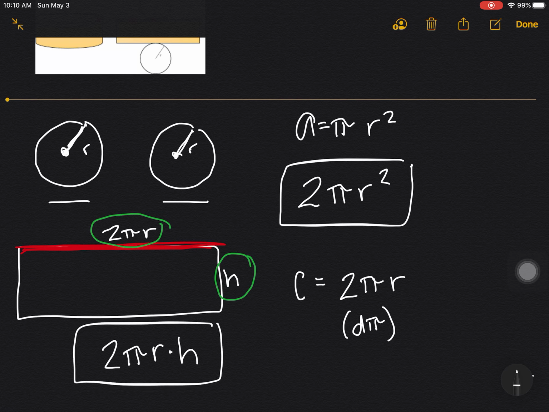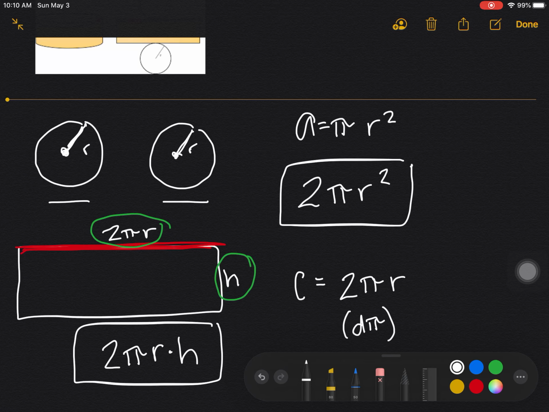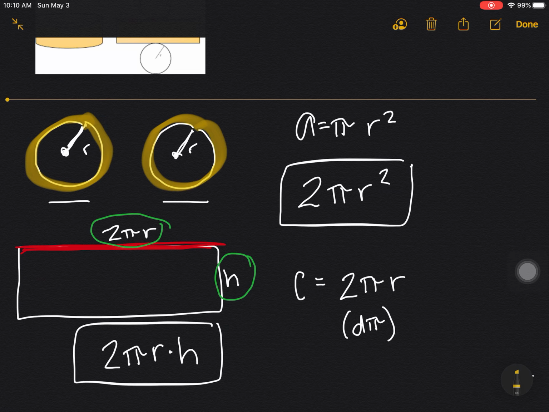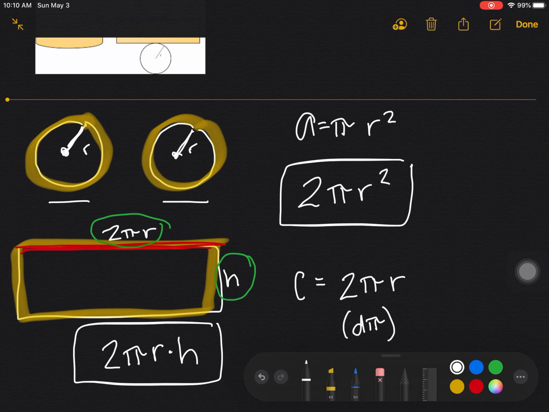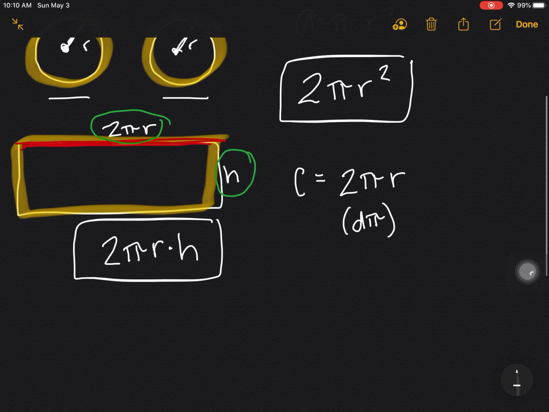Now when we look at putting the entire formula together, remember we said that we wanted to find the area of the circles and the rectangle and simply add those up. So we've found those two pieces and parts.